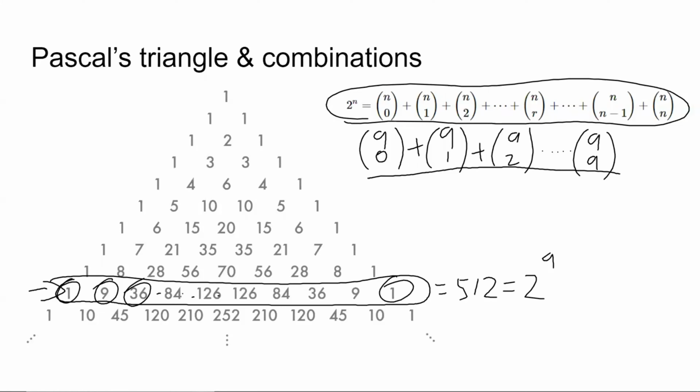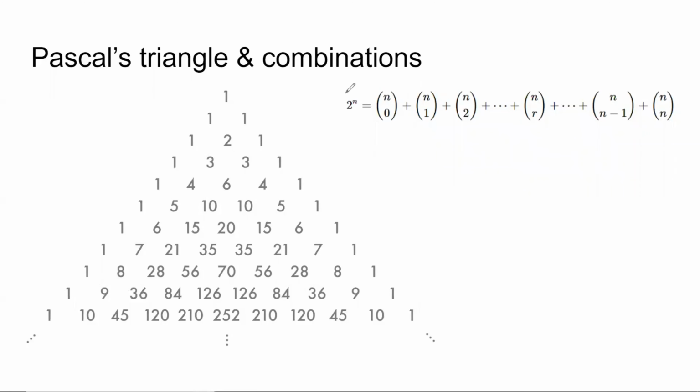Yeah, exactly. So row 0 is 2 to the 0 because 0 choose 0 equals 2 to the 0. Can someone try to prove this in terms of grouping people? We're running a little low on time, so if someone doesn't get it within the next 30 seconds, I'll start discussing.